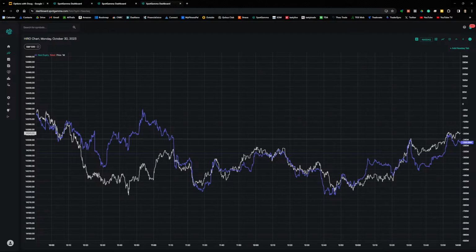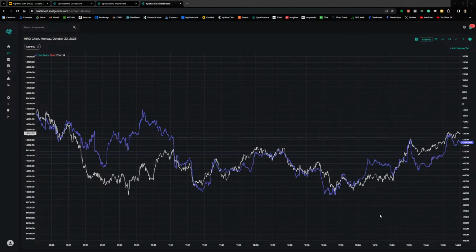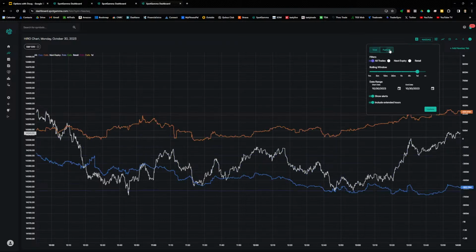So there were several ups and downs in the hero signal, and this one finally takes hold around 12:45. Traders start taking positive delta positions. Let's just see what they were doing with puts and calls.